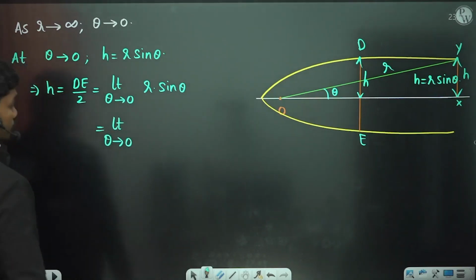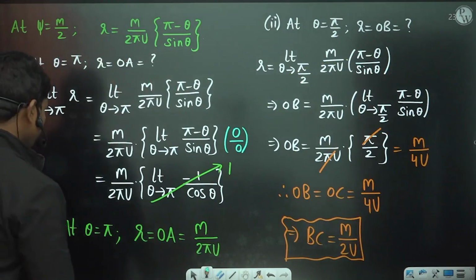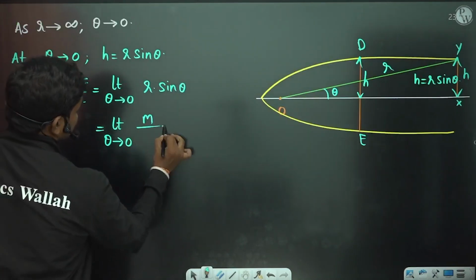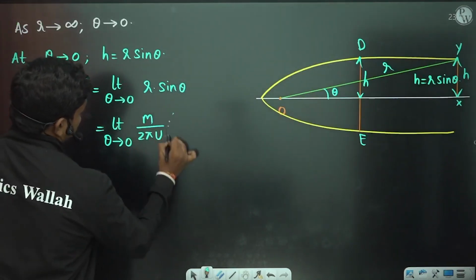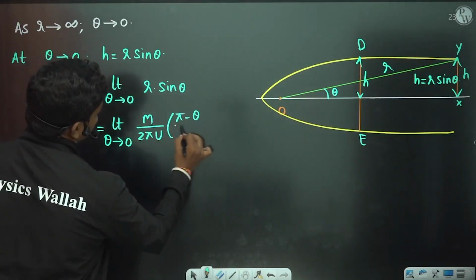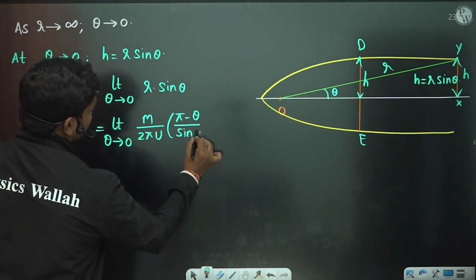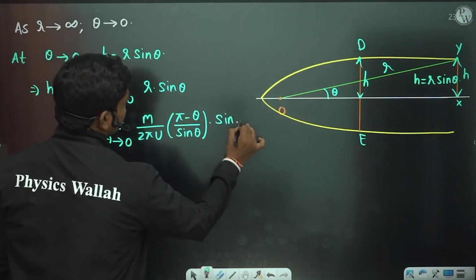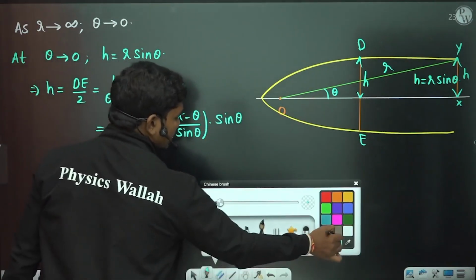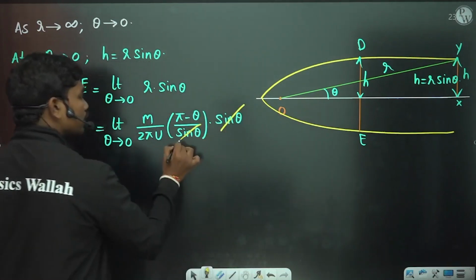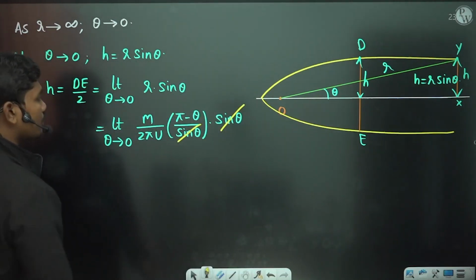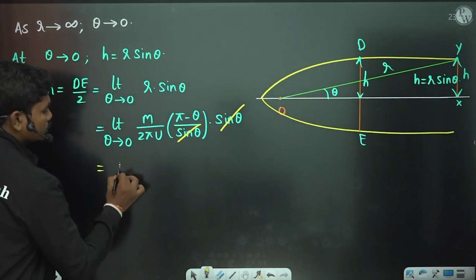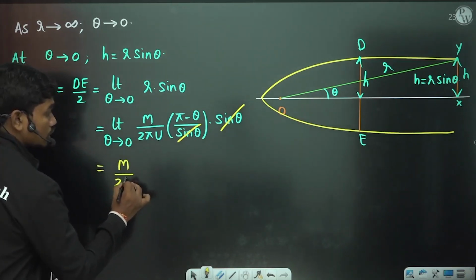What is r? r is m by 2 pi u times (pi minus theta) by sine theta. So this is the value of r, into this sine theta, so we have one more sine theta. We can cancel sine theta in both the numerator and denominator. Now if you replace theta equal to 0, then this equation gives you m by 2u.